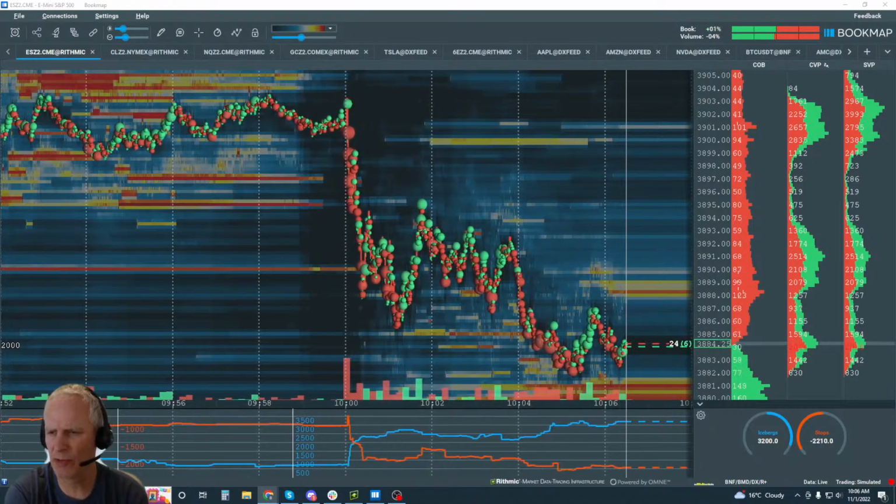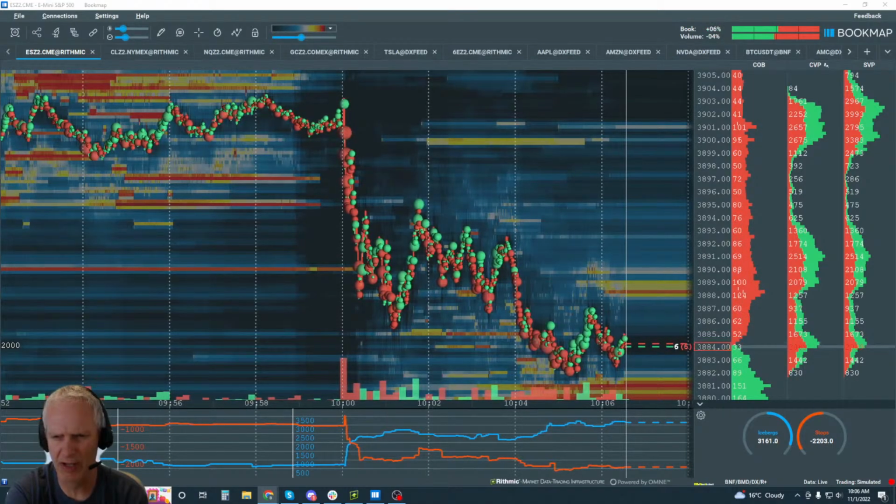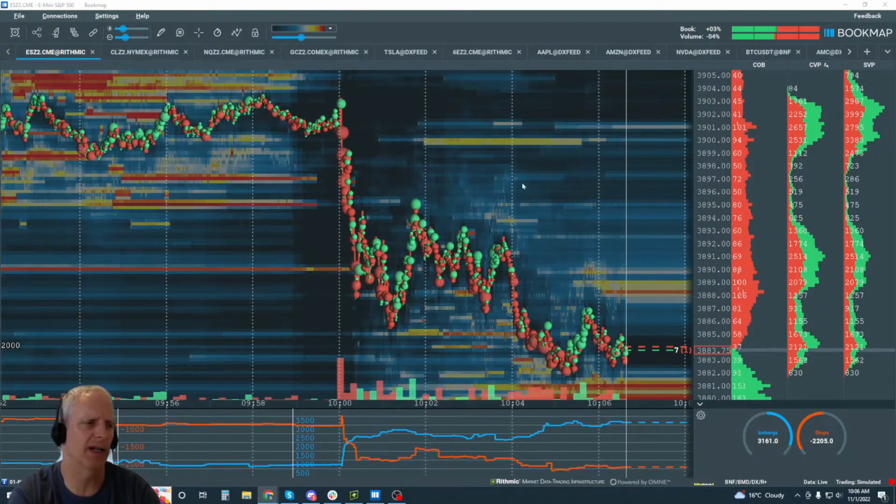The numbers were not bad. We also had the JOLTS job openings, which was good at the same moment. So we had a few different important data releases.